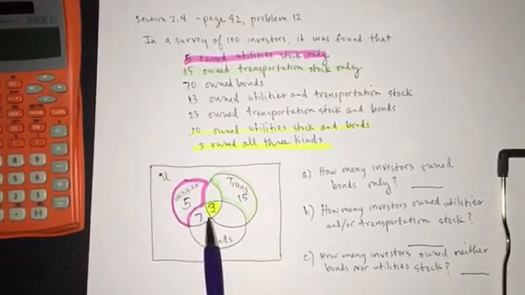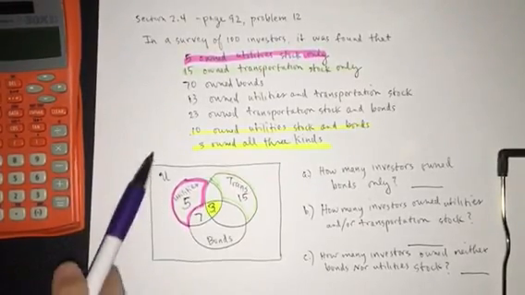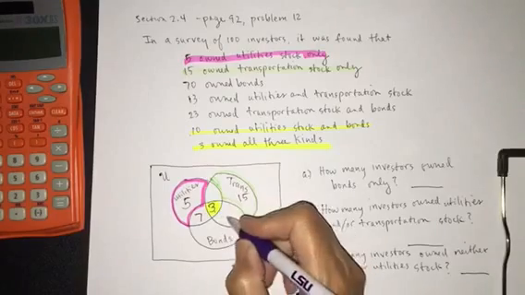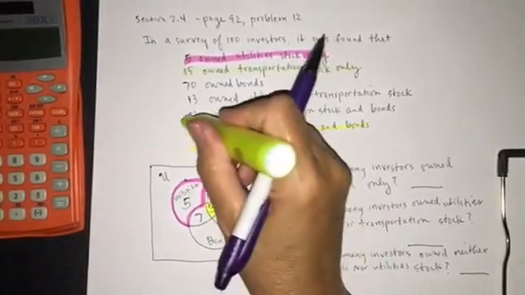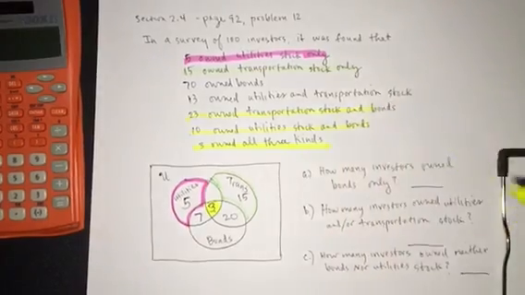The 3 people who owned all 3 owned transportation, stock, and bonds. So I'm going to need to subtract. 23 minus 3 gives me 20 people who owned just transportation, stock, and bonds, and not utilities. So we got that taken care of.